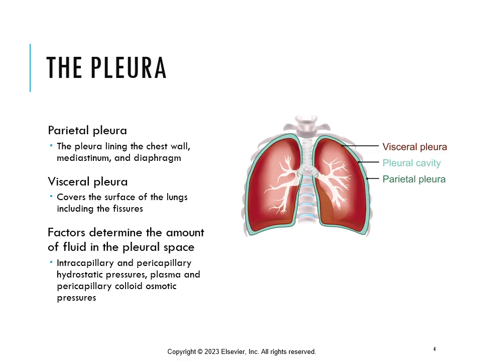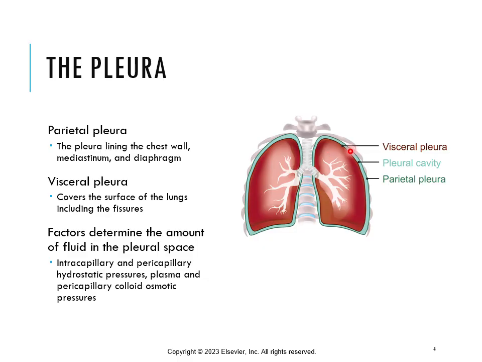So let's take a deeper look into the parietal and visceral pleura. As you can see, and I'm going to highlight this with a laser pointer, here are the lungs, and surrounding the lungs are the 2 pleura.